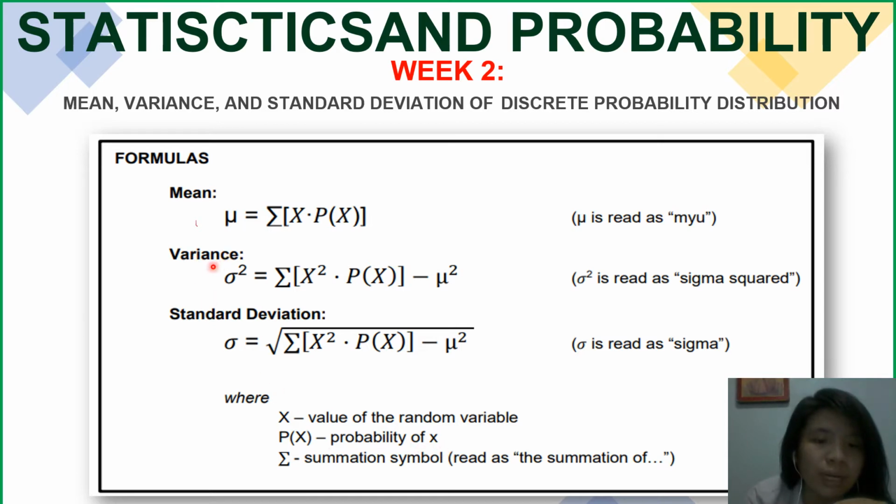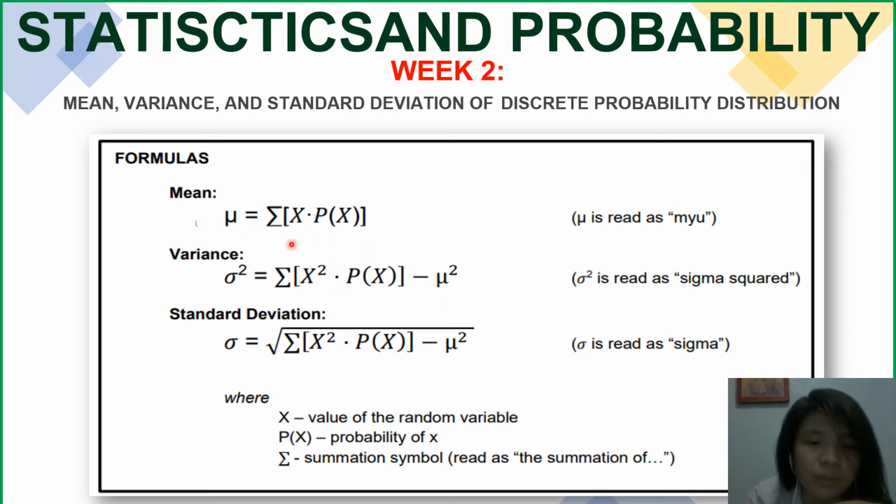Next one is the variance. Variance, this is the symbol for variance, and this is read as sigma squared, where the formula for variance is sigma squared is equal to the summation of x squared times p of x minus mu squared, where x is the value of the random variable and p of x is the probability of x, and mu is equal to the mean.